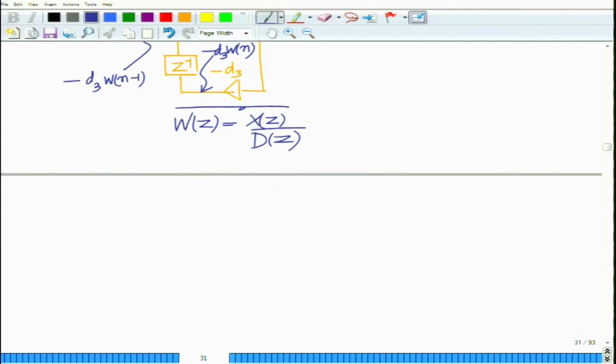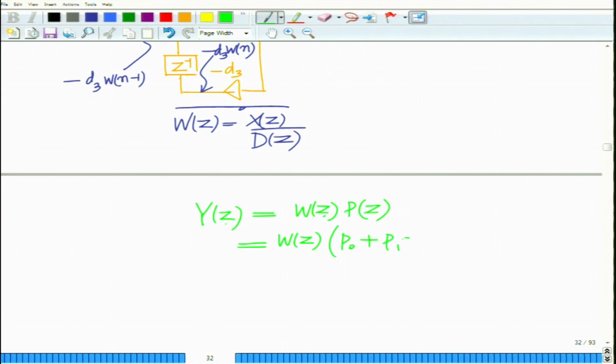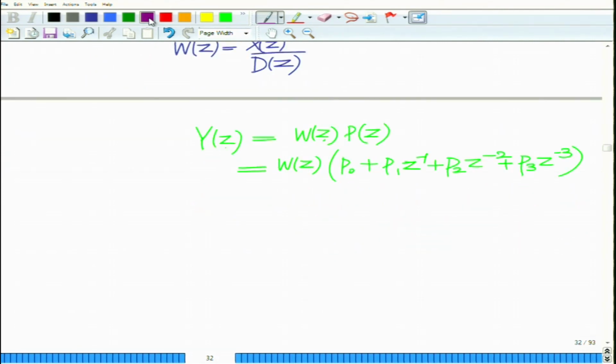We have Y(z) equals W(z) times P(z), which is W(z) times p0 plus p1 z^-1 plus p2 z^-2 plus p3 z^-3.